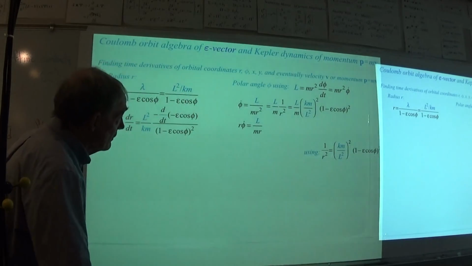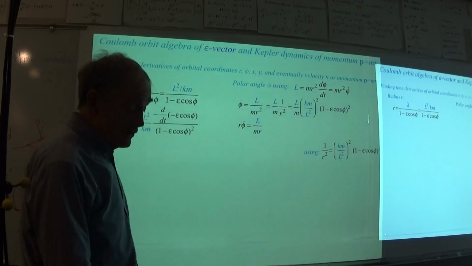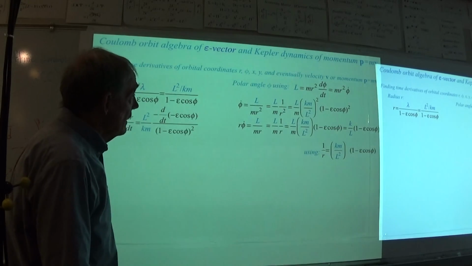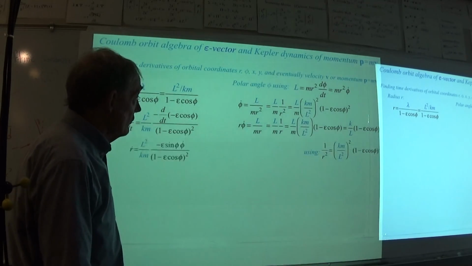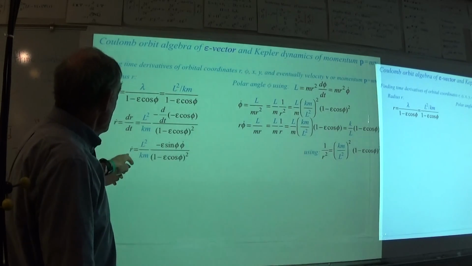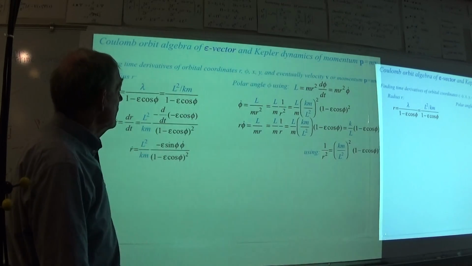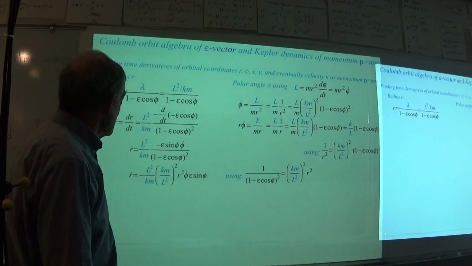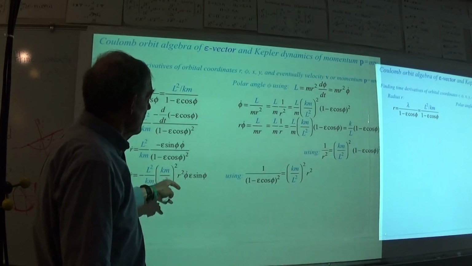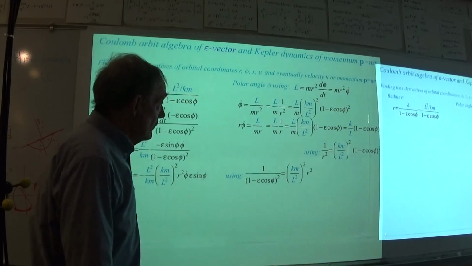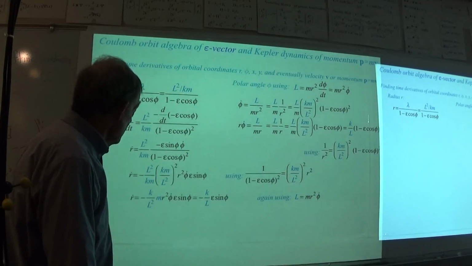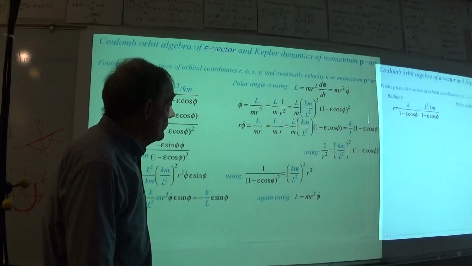Phi dot obviously is L over the inertia mr squared, rotational inertia. And so you get an equation that can be matched to some things. The r dot that we have here works out fairly nicely. So we want to make use of some of those things using the square of our actual orbital equation. So we end up with a thing that looks like this.